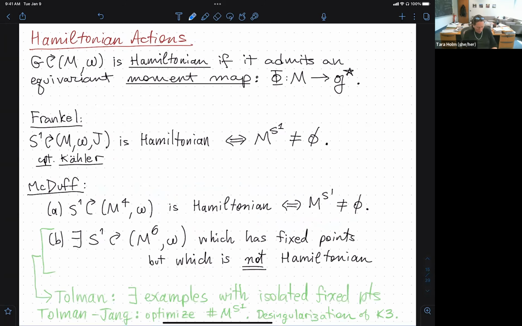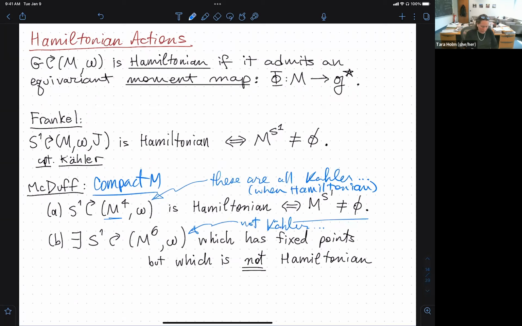Oh, right, what I should have said here: in these six-dimensional examples, where we have an action preserving a symplectic structure but which is not Hamiltonian, the fixed sets are two-dimensional submanifolds.